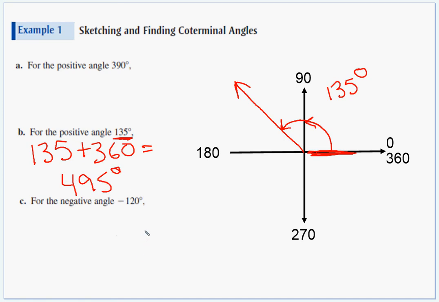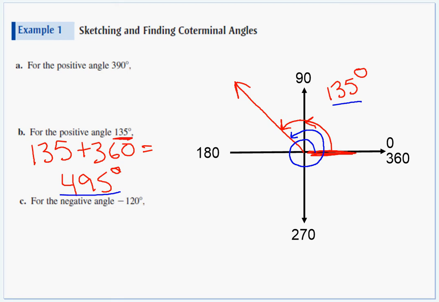So if I were to draw a 495-degree angle, I'm going to switch to blue ink for this. I would start on the same initial side, but I'm not going to stop on the terminal yet. I still have to do another lap around the circle, and I go all the way around and now I end on the same terminal side. So the red angle that I drew here is 135. The blue one is 495 because it did that extra lap around the circle.